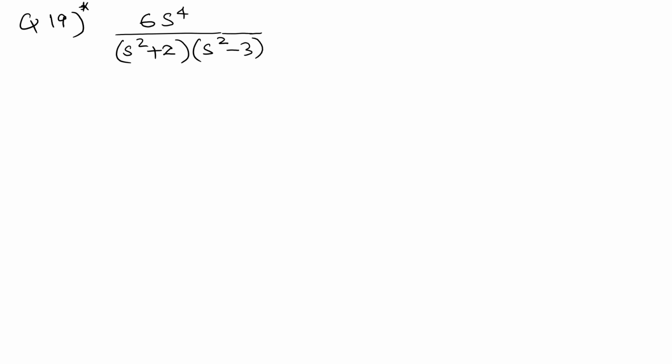So what happened when you multiply these two, you can see that you get an s to the fourth power. When you divide 6s to the fourth power by s to the fourth power, you can see you are going to get a 6. So the first term is 6 plus the rest of the term has a regular argument.